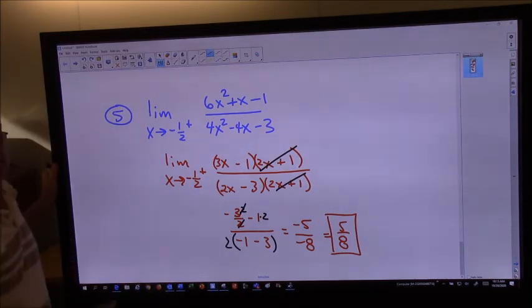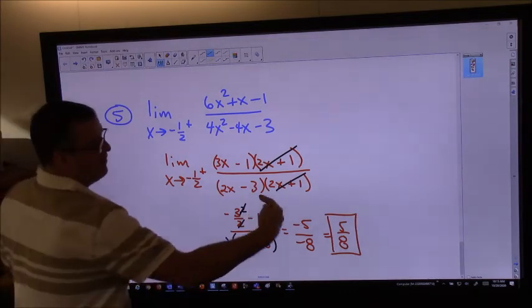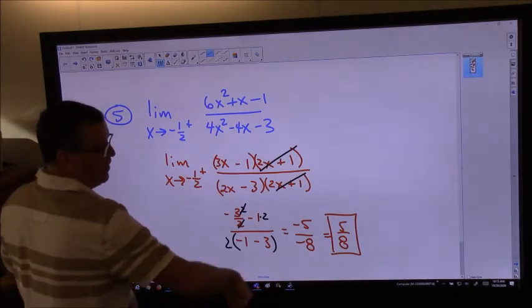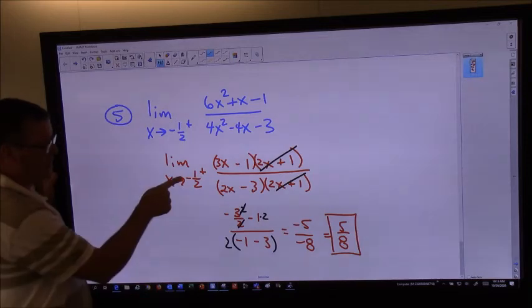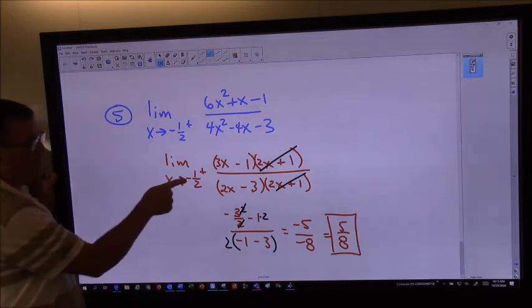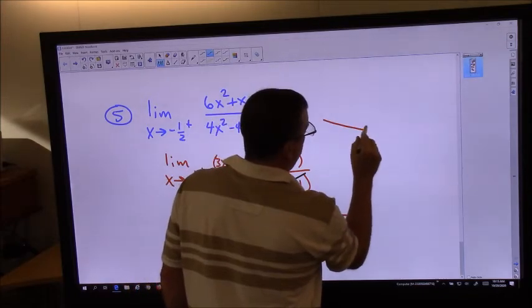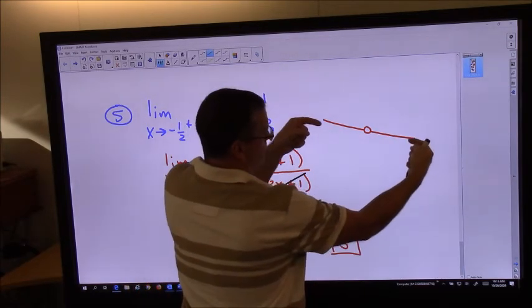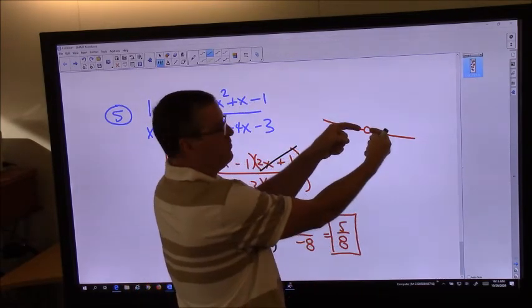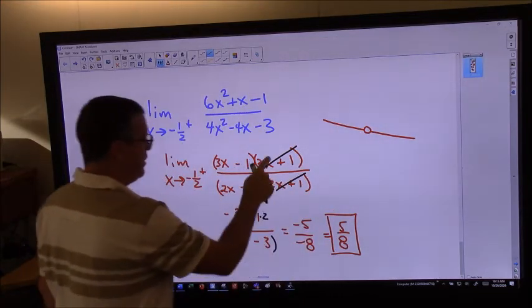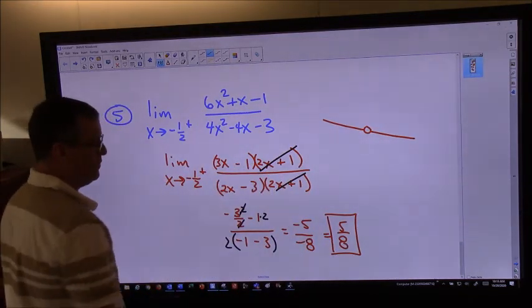That means I'm getting 0 in the denominator. I just want to know, does my graph go up to positive infinity or down to negative infinity? But here, I didn't have that. I had a hole in the graph, which means we're approaching the same y value from both sides. So once I cancel those, I just got to plug it in and see what I get.